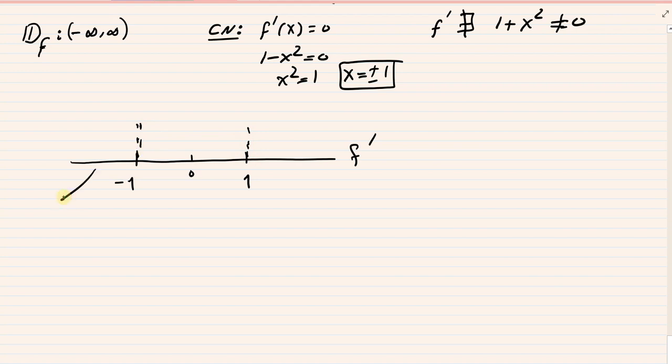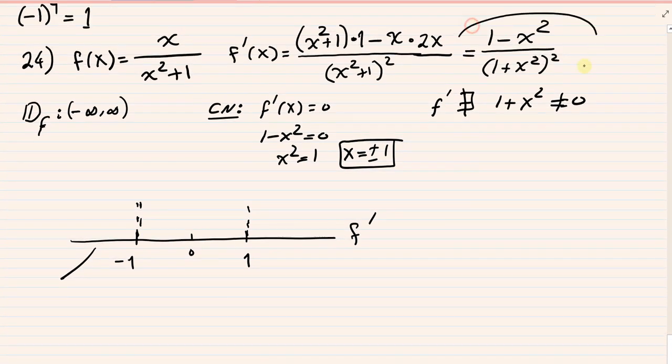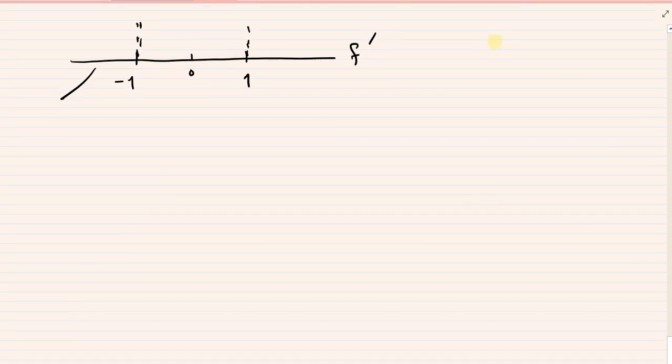Below negative 1, the derivative, remember, we're plugging into 1 minus x squared over 1 plus x squared, squared. I'm choosing negative 2 for my test point. It's going to be 1 minus negative 2 squared. That's 1 minus x squared. The denominator, I don't really need to substitute.